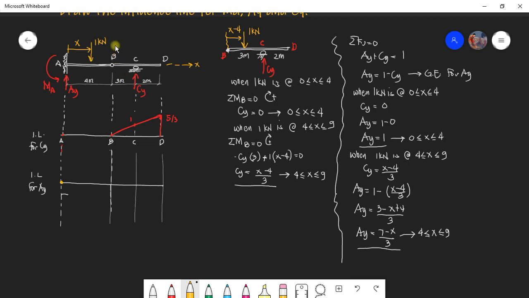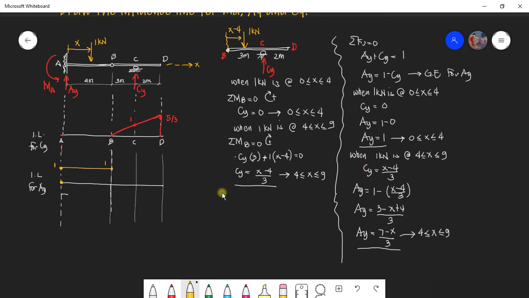When the unit load is at B, the unit value for what is 1. 1 nandito. So, 1. Now, when the unit load is at B, ito pa rin, kasi included yung 4 dito. So, ang Ay is still 1. So, constant dito. Yan. And then, 1 din to.